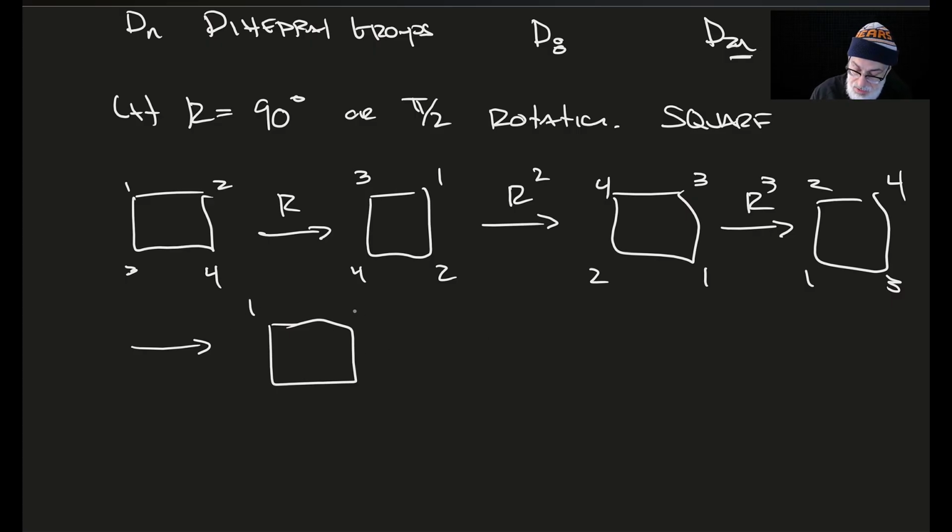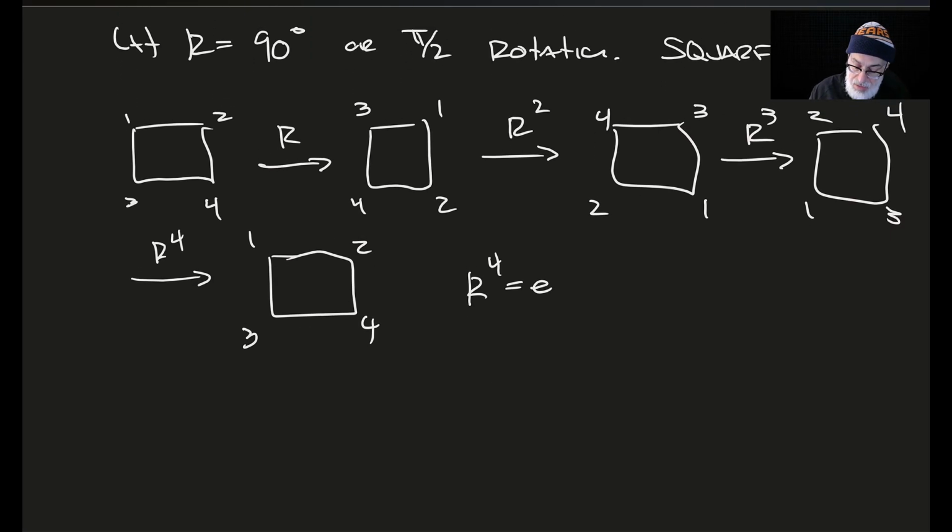And that's exactly where we are now. And this is r to the 4th. So 4 rotations give us identity. So this means that r to the 4th is identity. Identity means that the rotations or reflections, which we'll see in a second, do nothing. It leaves the square unchanged.